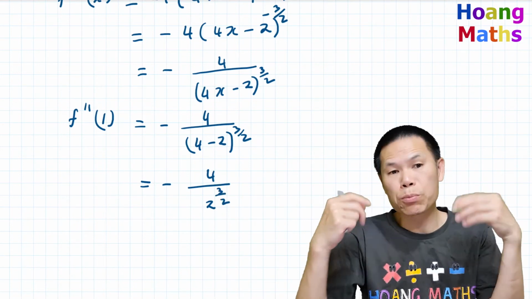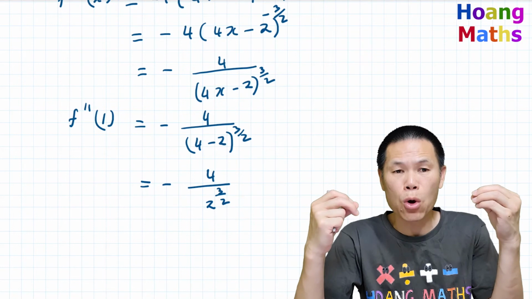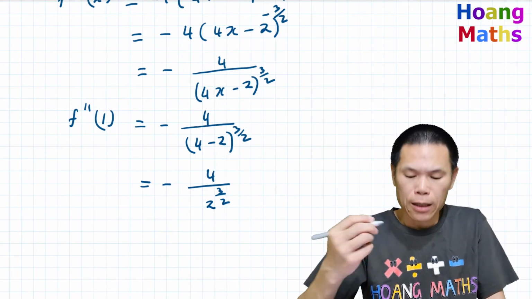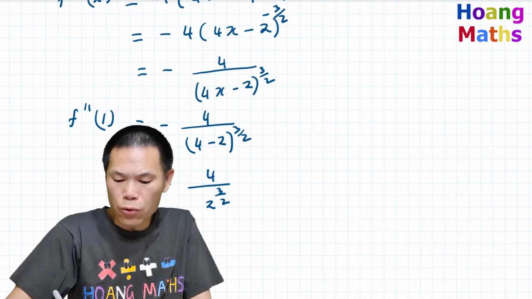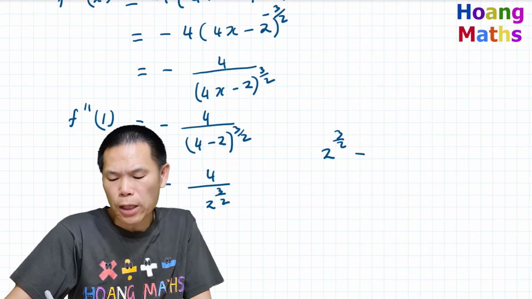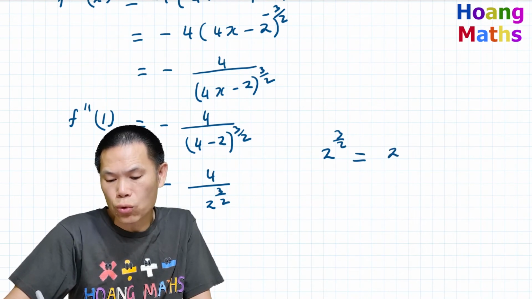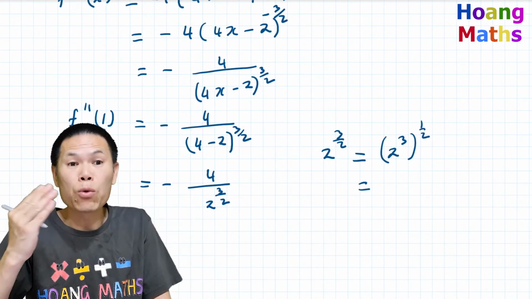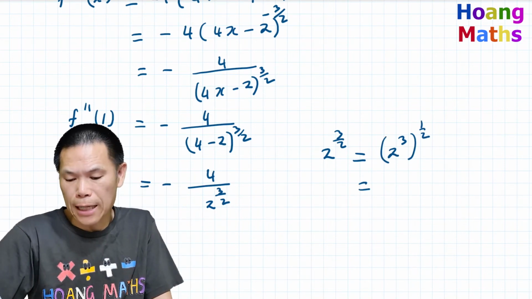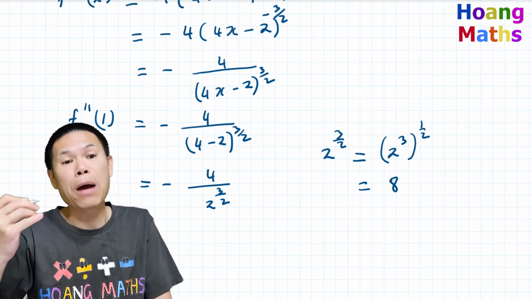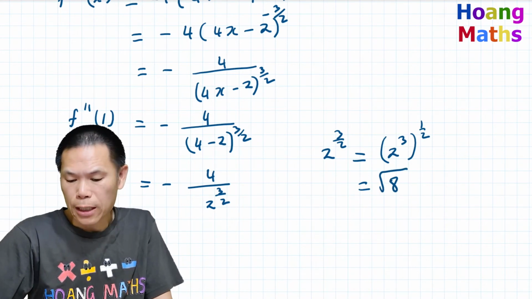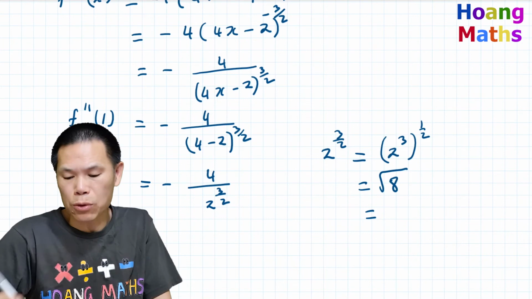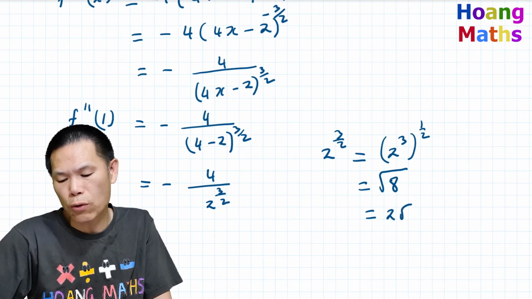Of course you can just put that in a calculator, it will give you a decimal, but let's just work out the exact. So to work out the exact, we know that 2 power of 3 over 2 is exactly the same as 2 power of 3, power of a half. And we know that 2 to the power of 3 is 8. So 8, and then power half is square root, if you like. So therefore 8 is 4 times 2. So therefore it is 2 square root 2.